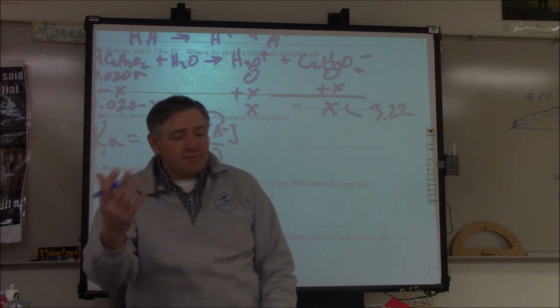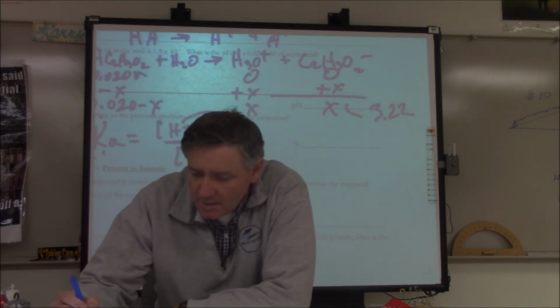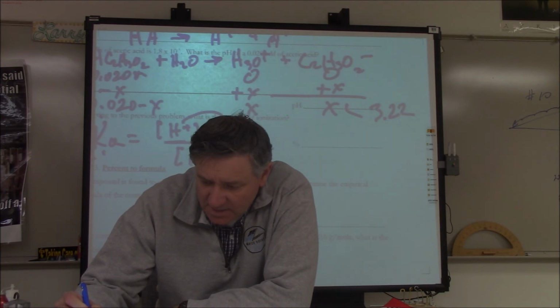Okay, now, your percent of ionization. You take the concentration of your hydronium ions, divide it by the concentration of the acid, times 100.